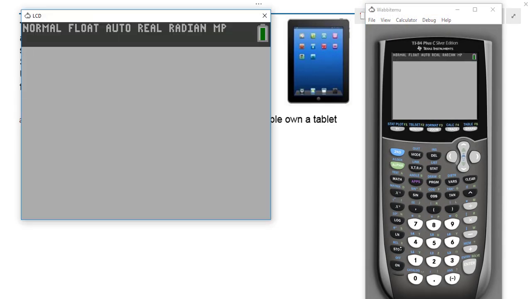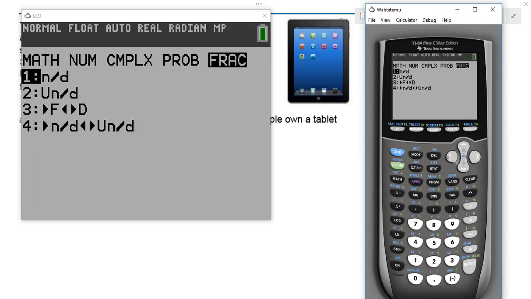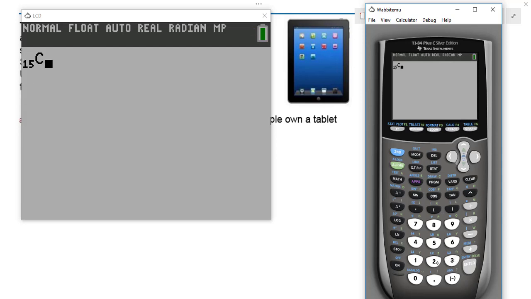So we need to do 15 choose, and how do I get to the combination? Math, probability, number 3. 15 choose how many? 4. Times, so I need to move my arrow over so that this is not down as a subscript with the 4, times 0.3 raised to what power?